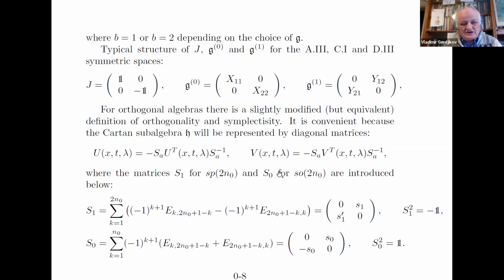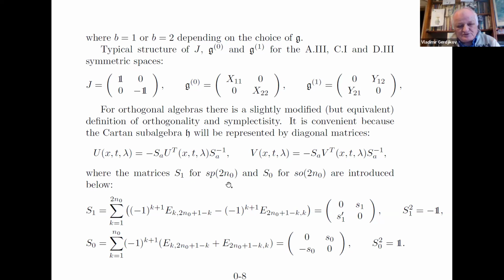You see, U and V must be elements of the orthogonal or symplectic algebra. And here we have changed the definition slightly by this capital S, capital S0 or capital S1.